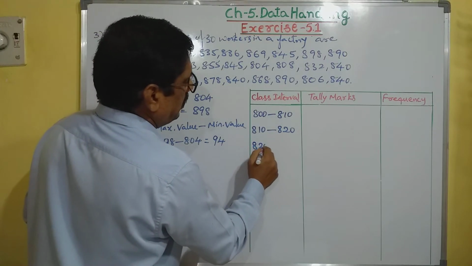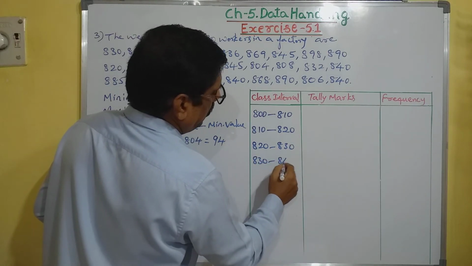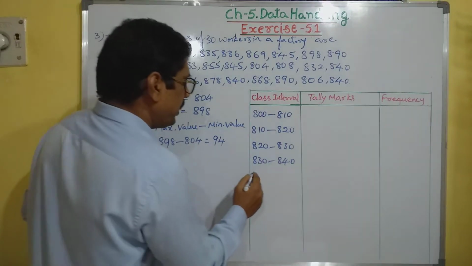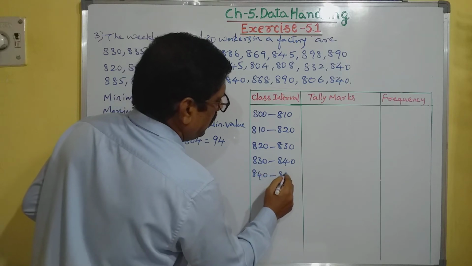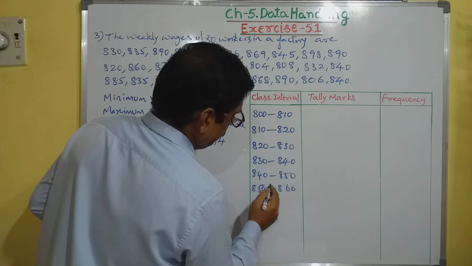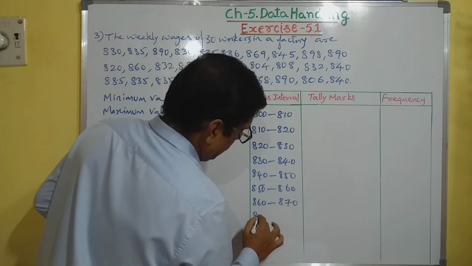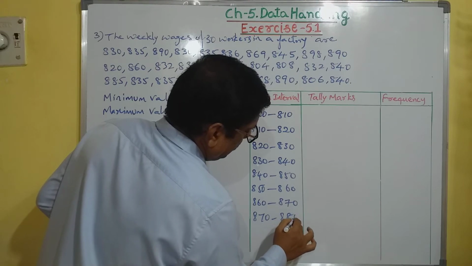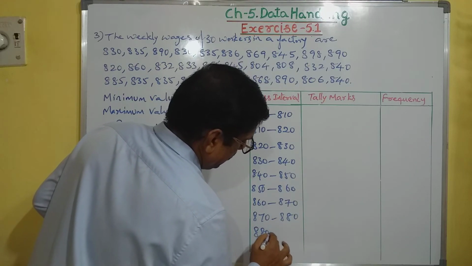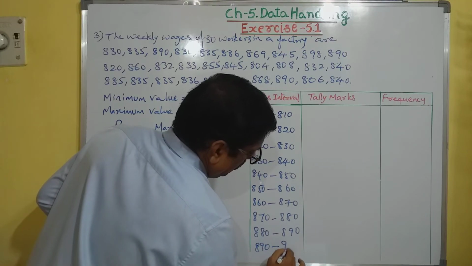Now 820 to 830, 830 to 840, increasing by 10. 840 to 850, 850 to 860, next 860 to 870, 870 to 880, 880 to 890 and 890 to 900.